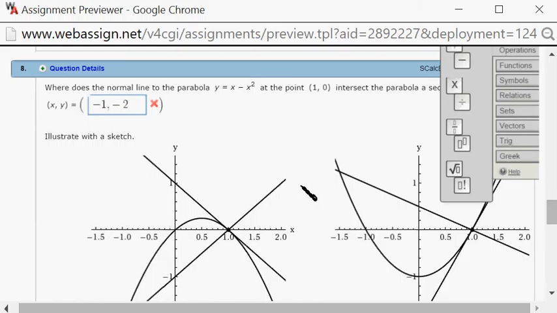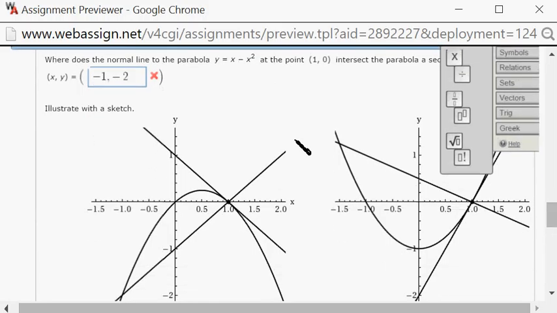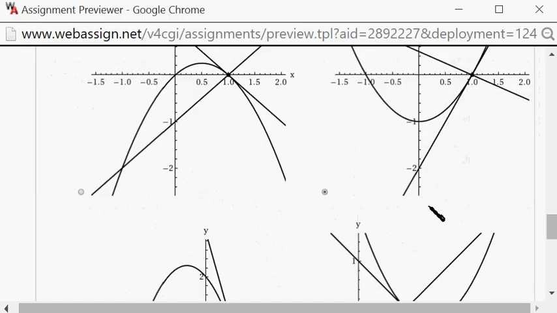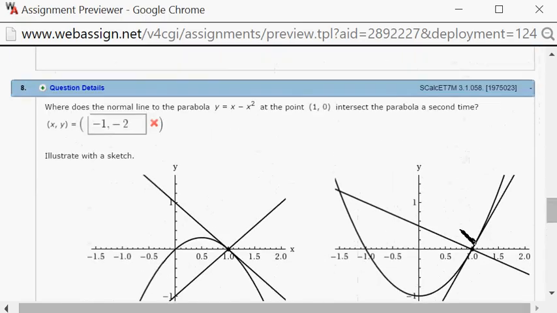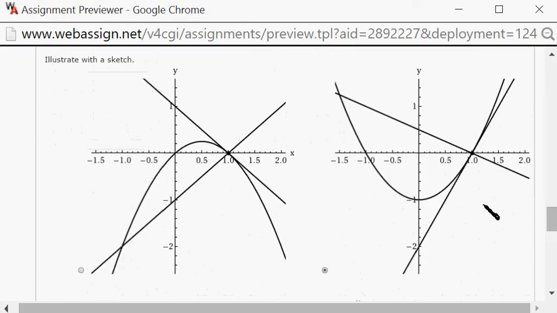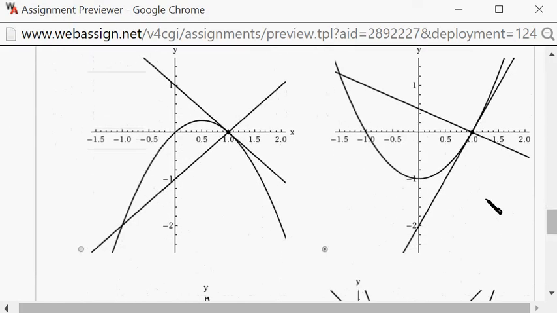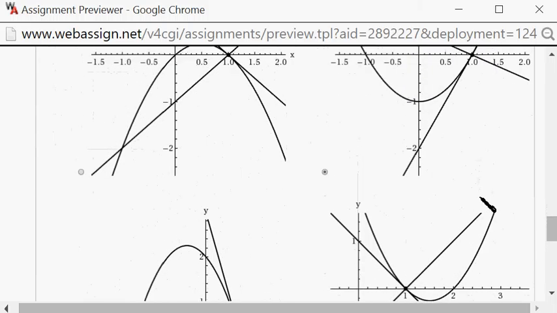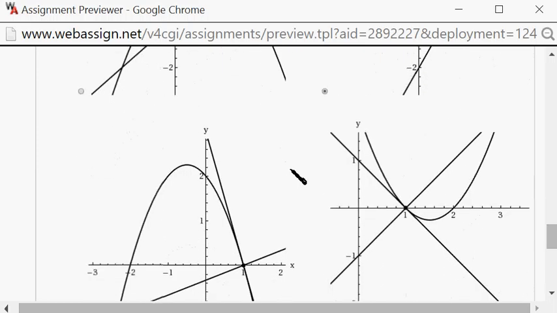And then if you want to find the picture, let's look at these pictures. First, we have a parabola. The leading coefficient is negative, so the parabola should be facing down. You can see that the first one is good, the second one is not good, the third one is good, and the fourth one is not, so it's going to be the first one or the third one.